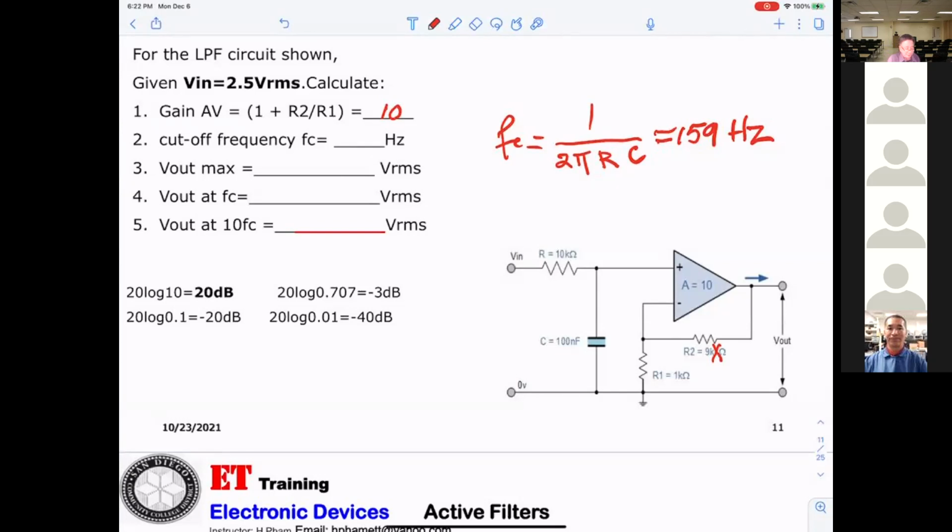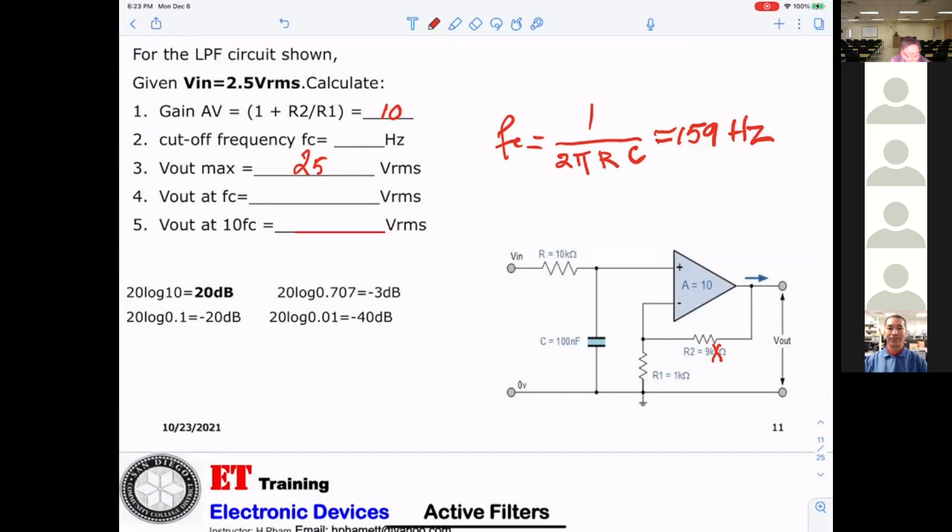Okay, number 3, VL max. So let's see, VL max means you take the gain times VE. So it looks like 25, right? For my understanding, it looks like 25. That means you take the gain times the input, and number 4, they want the output at the cutoff.